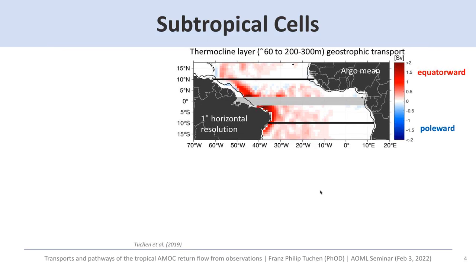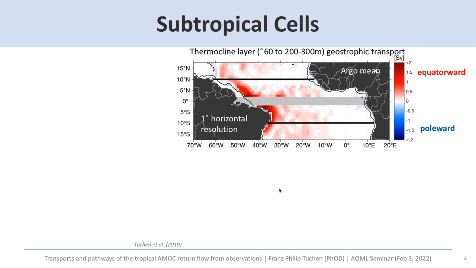Okay, so now coming to a few results about the subtropical cells, to give you a bit of background information and to lead to the current study. What I did was I estimated the subtropical cells, the two horizontal branches, which are the thermocline layer geostrophic transport and the surface layer Ekman transport.